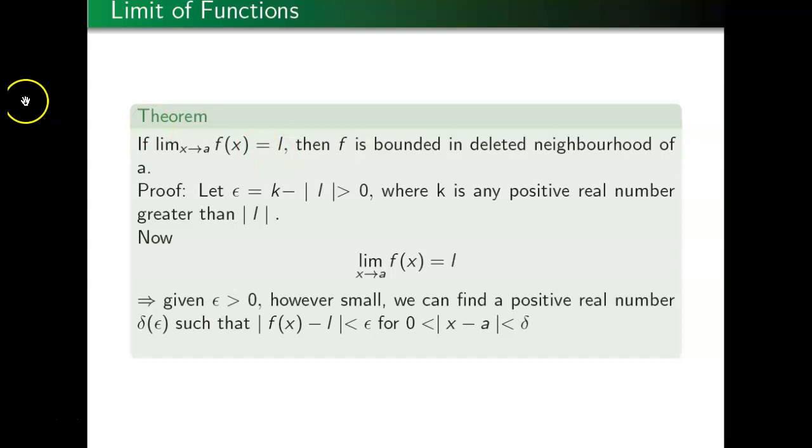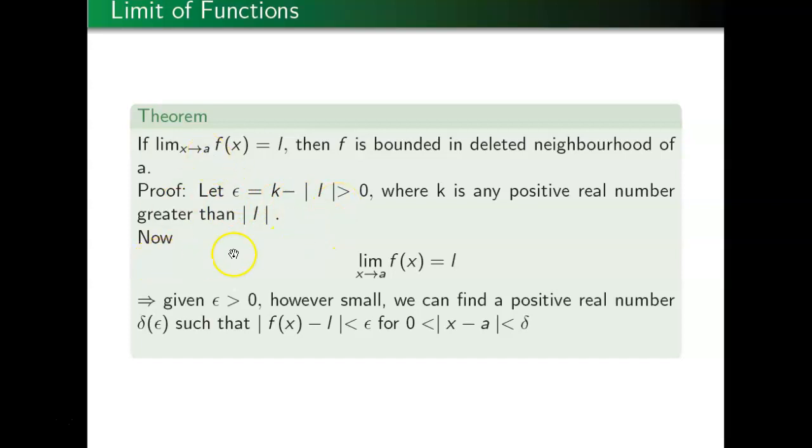To prove this theorem, we will be using the epsilon delta definition. In the start of the theorem, we define epsilon equal to k minus mod L, such that k is any positive real number which is greater than mod L. So choosing this type of epsilon, we start.